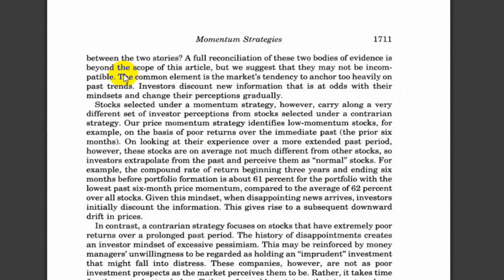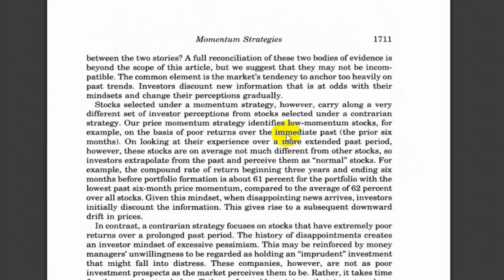The common result here is that investors tend to anchor on prior information rather than adjusting fully the new information into their pricing. And it's noted that the difference between momentum and contrarian approaches may be due to time period.